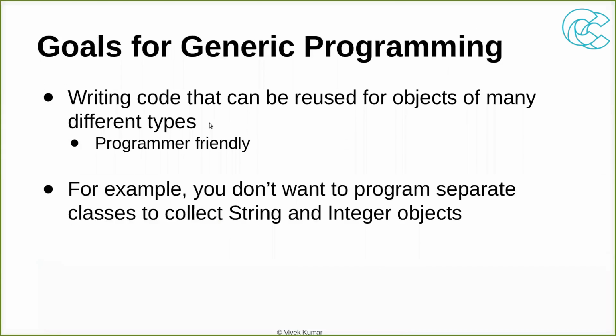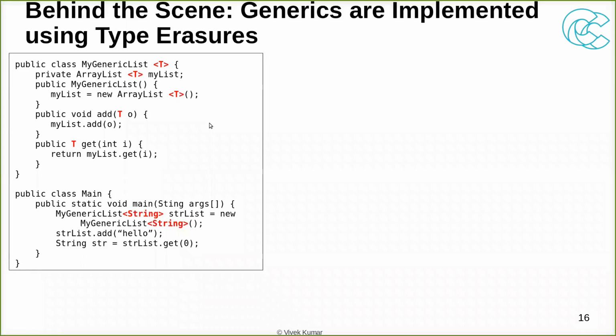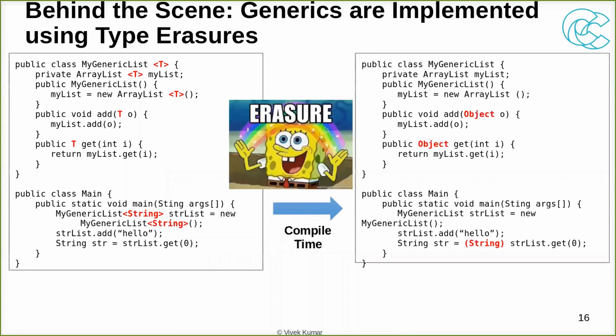Okay. So let's go to the other question, which is what happens in the background. How does the compiler handle these different types? It uses a procedure known as type erasure. It will erase the type, so we'll see how it works. On the left hand side, you have your class definition which you created, and on the right hand side you have the erased types.